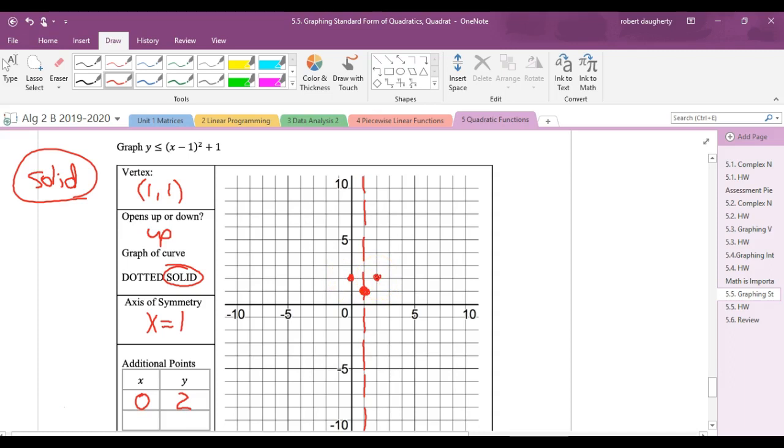And we can pick one other point. Let's pick 3. If I substitute a 3 in there, what's 3 minus 1? 2. 2 squared is 4. 4 plus 1 is 5. So 3, 5. And that tells me I also have this point. So I'm going to draw this parabola with what kind of curve? Solid.